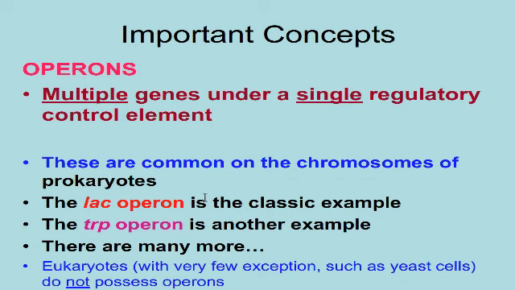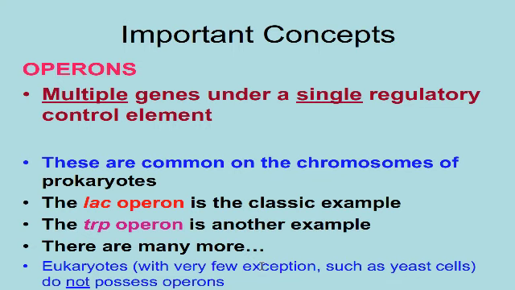So the Lac Operon, the one that we're dealing with in this video, is the classic example used by most texts. The tryptophan operon is another example, and the reason we discussed that in another video is that it has a slightly different architecture. But there are many more, as we said earlier. But it's important to note that eukaryotes like us do not have any operons on our DNA.